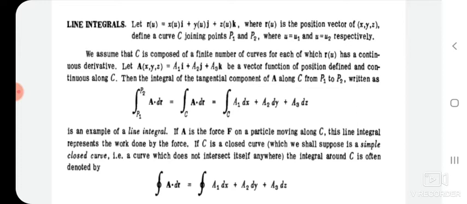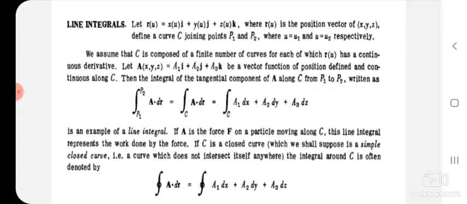If C is a closed curve, we shall suppose it is a simple closed curve, that is, a curve which does not intersect itself anywhere.